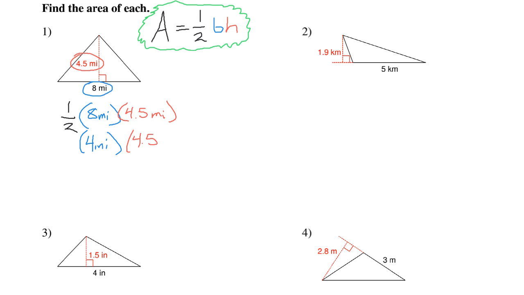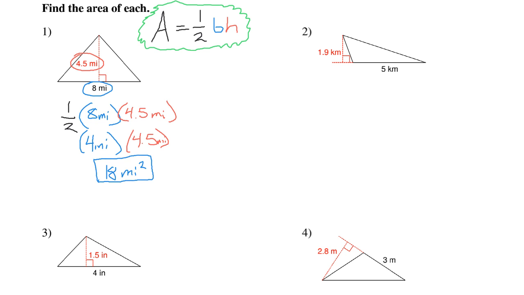So we got 4 times 4.5. Well, 2 times 4.5 gives us 9, and another 2 times 4.5 gives us 18. And when we think about the units, we have miles times miles, so that's miles squared. So our final answer here is 18 miles squared for that triangle.